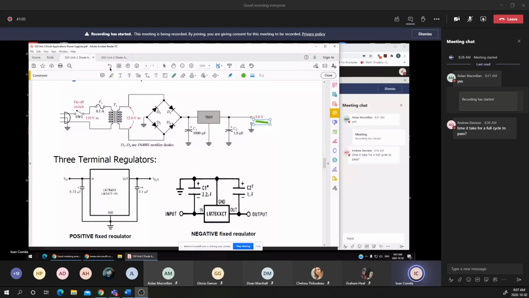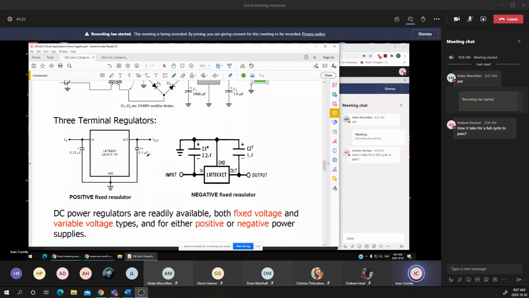At the same time, we may see that some circuits require a negative voltage. The difference between a positive voltage regulator, as in this example, and a negative voltage regulator, as in this diagram, is that the other regulator has the first 2 digits as 7, 9.